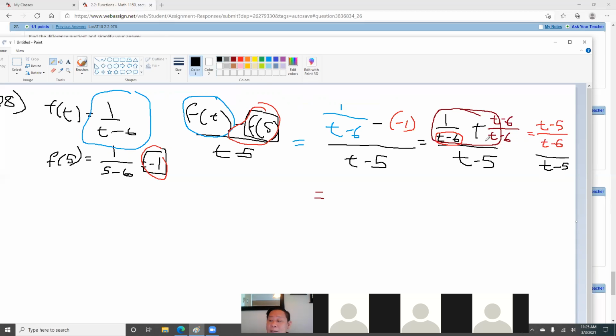So what you need to do next is take this t minus 5 over t minus 6. This division will change to become multiply. Like when you did fractions, you can always change division to multiply by flipping the second fraction.